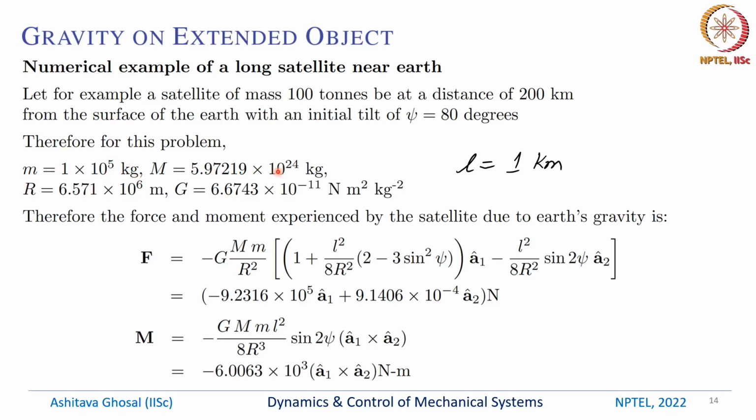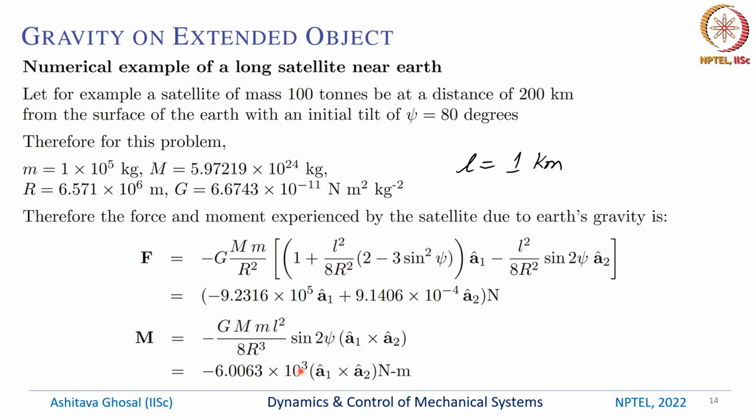Mass of the earth is known, radius of the earth is known, gravitational constant is known, and if you substitute all that in this formula, what you will get is there is a force which is along the radial direction, which is minus 9.2316 into 10 to the power 5. But there is also a small force, because see, this is 10 to the power minus 4 newtons, which is perpendicular to that.